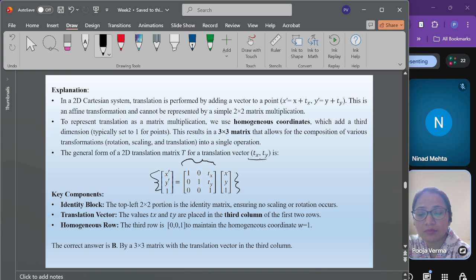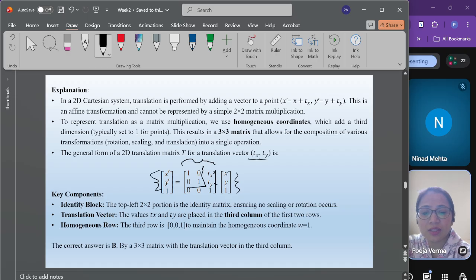So the key components of this matrix are the identity block at the top left 2 cross 2 portion, that is this one, that ensures no scaling and rotation occur, and the translation vector Tx and Ty, where Tx is in the x coordinate and Ty is in the y coordinate.